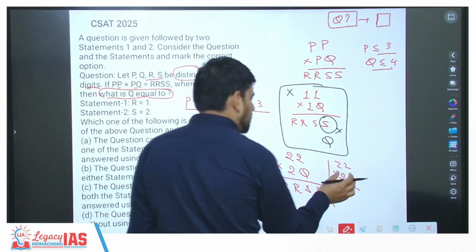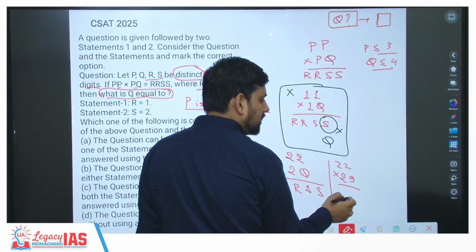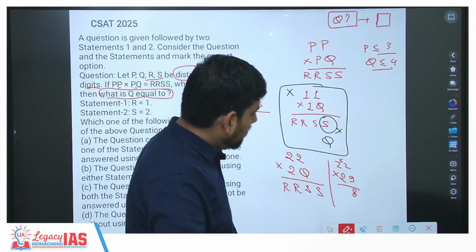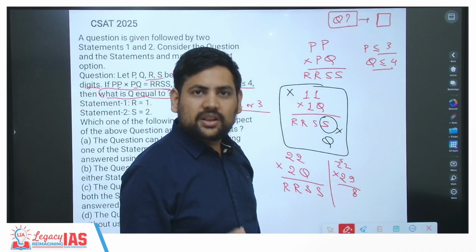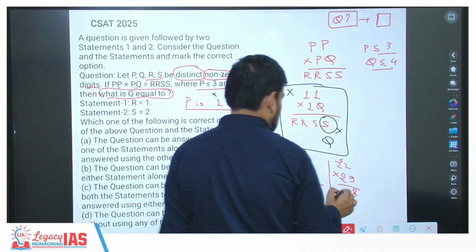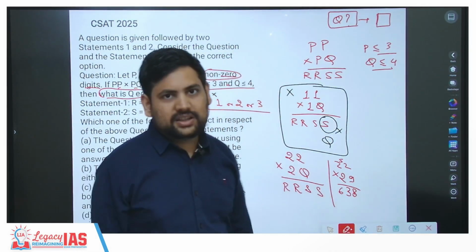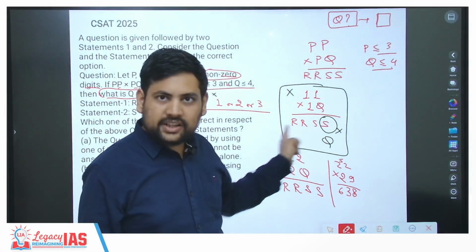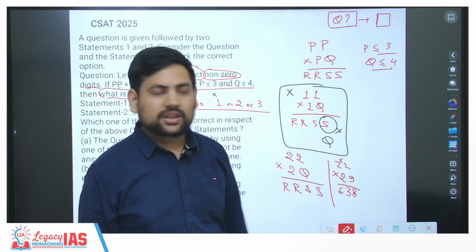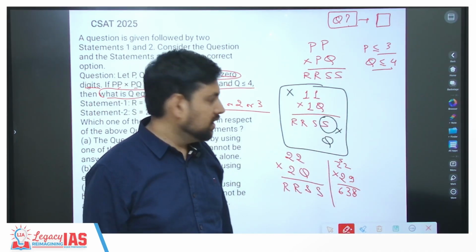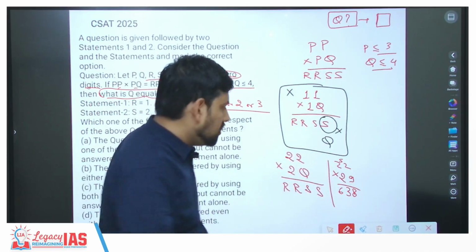Then also you can see 29 into 2 is 58, 58 plus 5 is 63. Still it's only 638. It is not of 4 digits. So 22 is also not working.